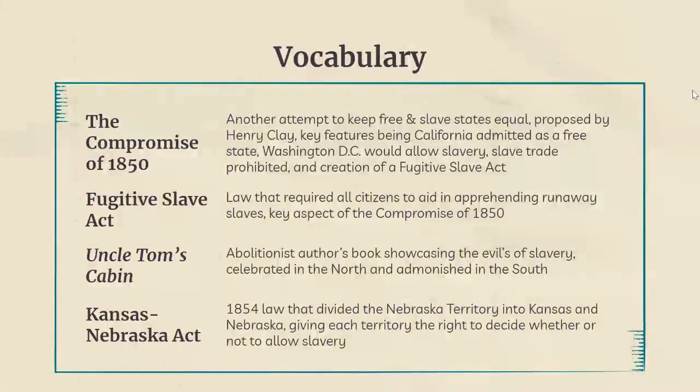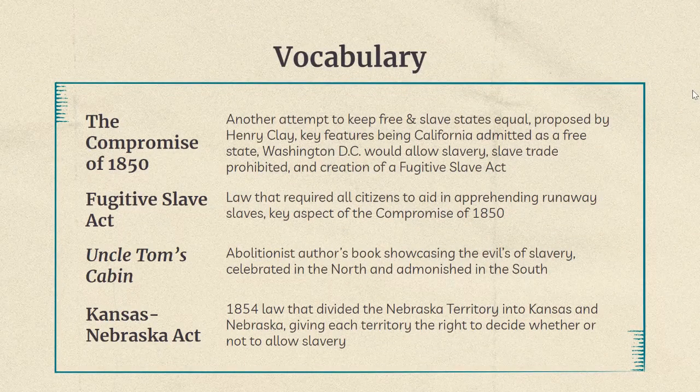Here's the vocabulary for the unit. The Compromise of 1850, and keep in mind one of the key terms there, compromise. A part of the Compromise of 1850 is the Fugitive Slave Act, but that's important to note and have a vocabulary word on its own.